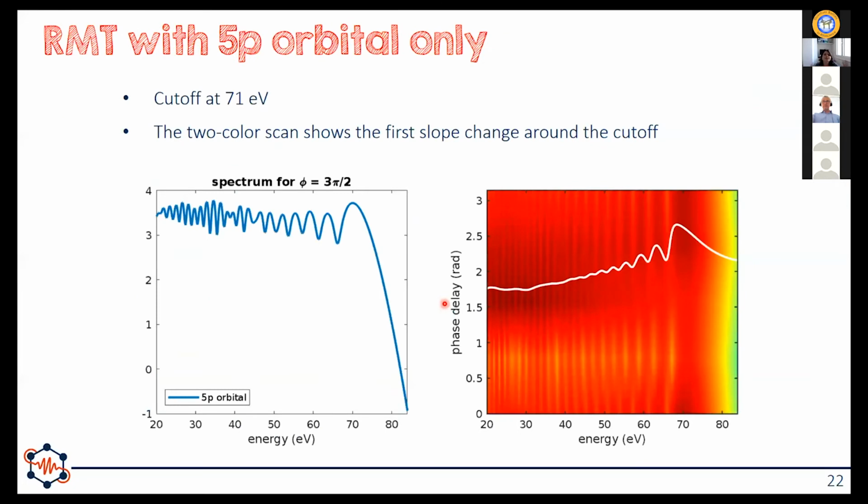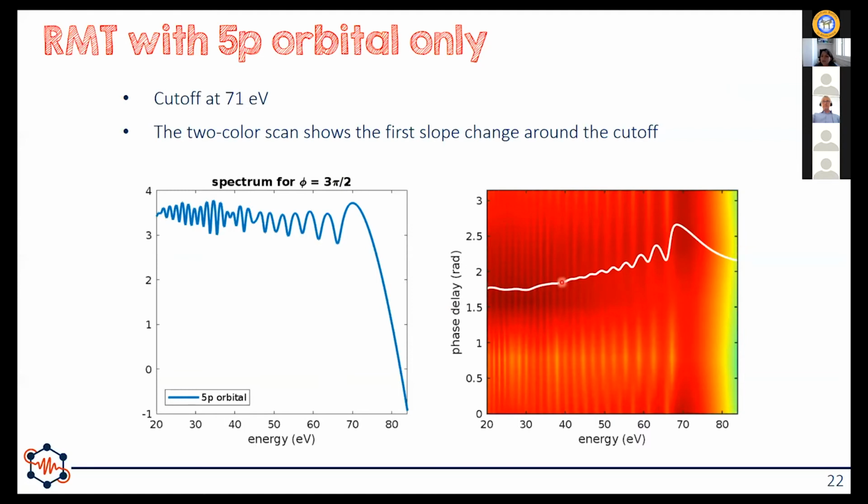So with only the 5p orbital, you can see here, this is a harmonic spectrum, with the experimental parameters that we gave him, for a certain phase. The cutoff is 71 eV as in the experiment. And then if you do the 2-color scan, this is 4 phases basically here, and the white line is the phase that maximizes each photon energy.